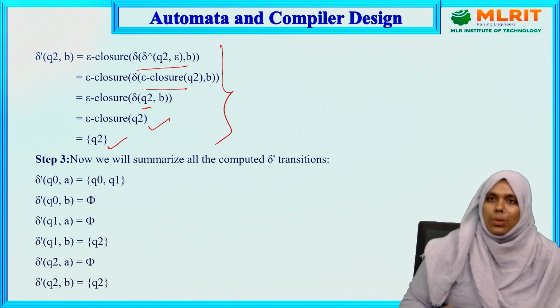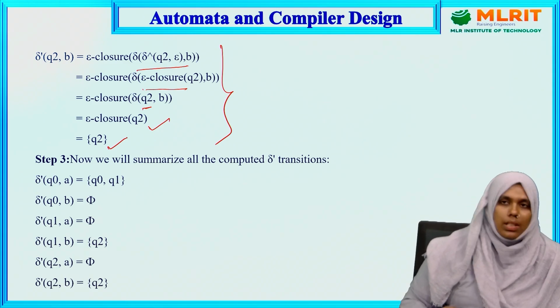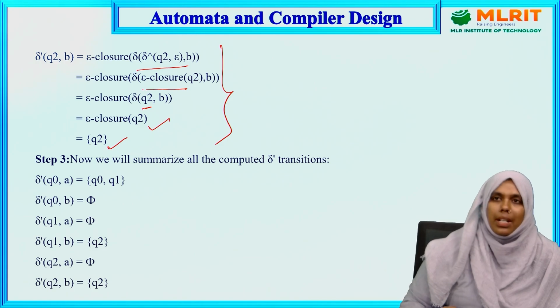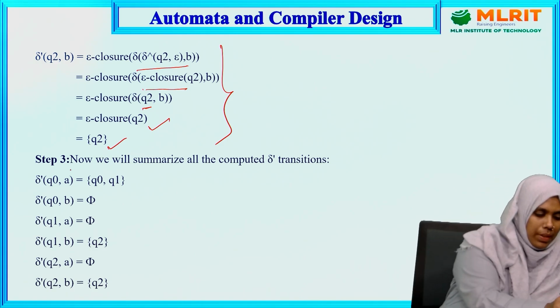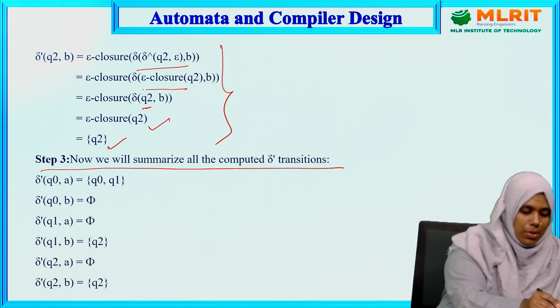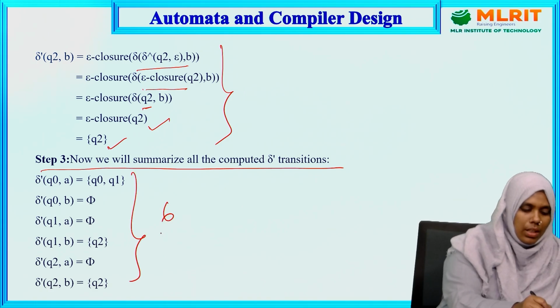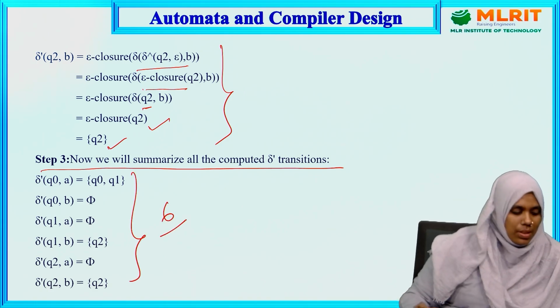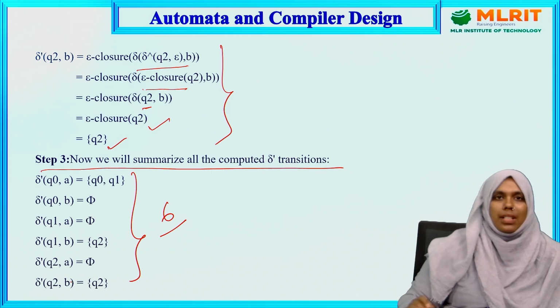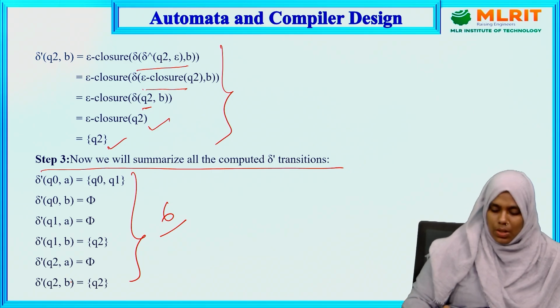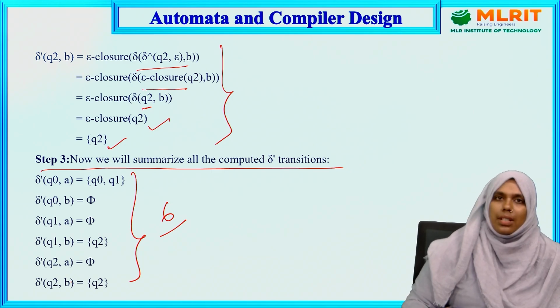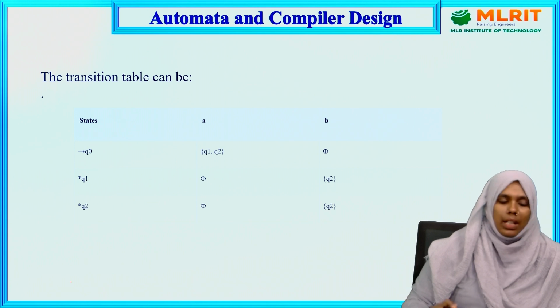So you got now 6 transitions without the epsilon, right? All those things you have to combine and write into one. So we are writing in a third step. How many transitions you got? You got 6 transitions, and they are represented here in terms of a table.